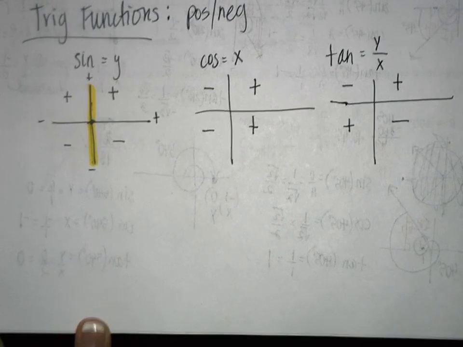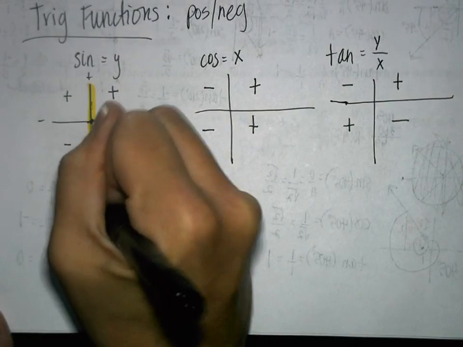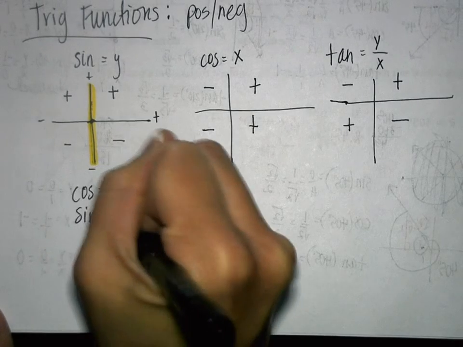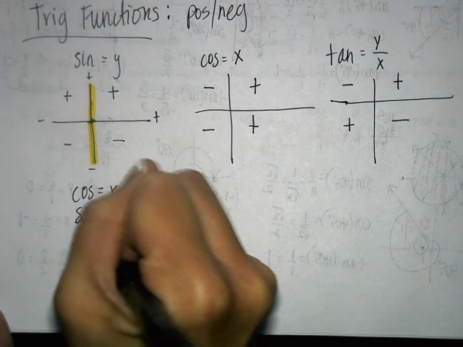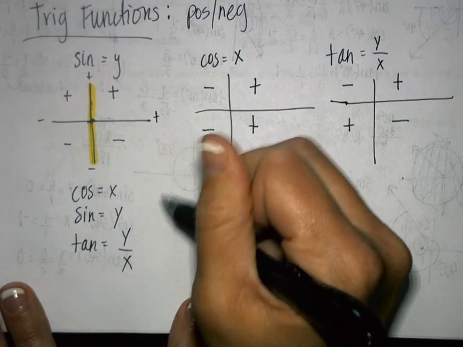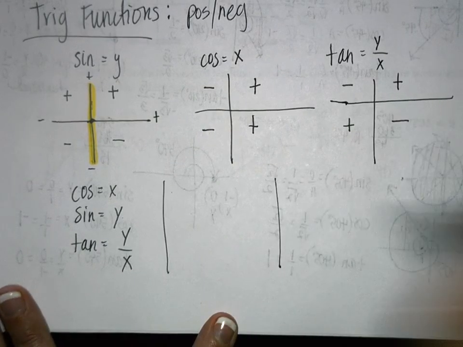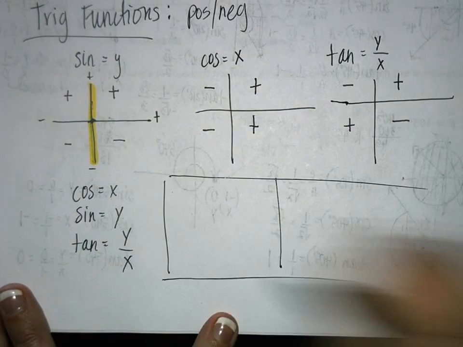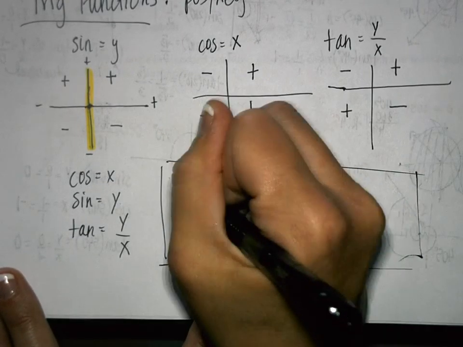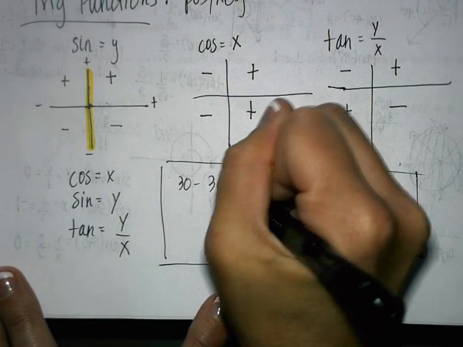Okay, so one more thing. Cosine is x, sine is y, and tangent is y over x. The other things that I want you to remember, and seniors, I'd like you to see these last examples if you can: 30, 60, 90 triangles.